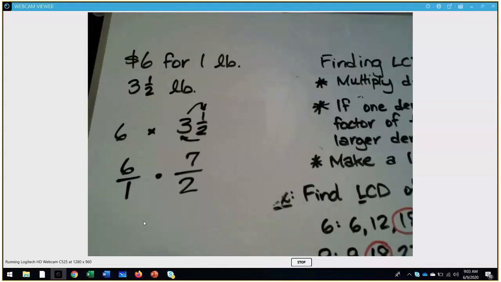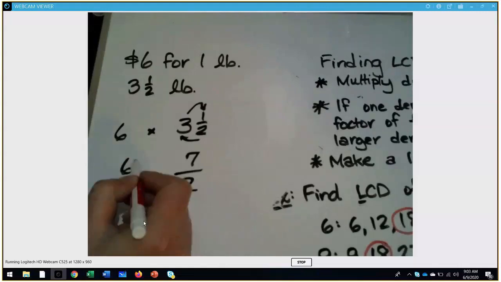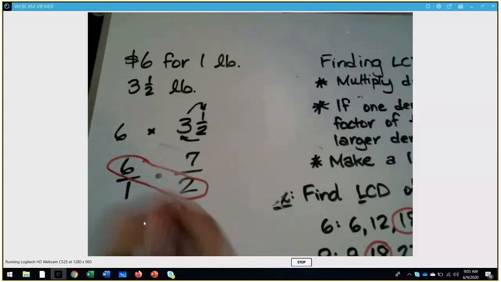So now we're set up. When you're multiplying, you're allowed to reduce before you go. You can't do that for adding and subtracting or dividing, actually even, but you can do it for multiplying. So I do see something that reduces right here.